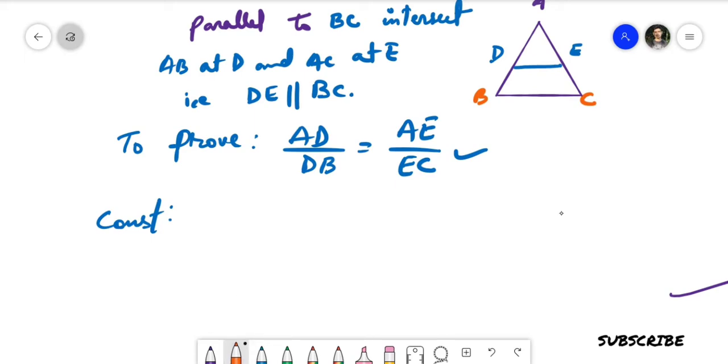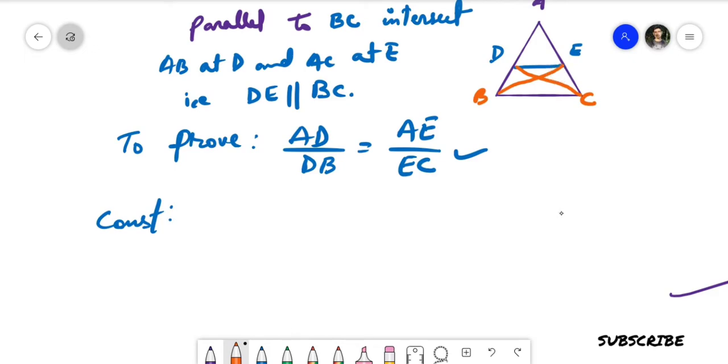Construction, we can say, by making this line we are separating it into two triangles. Can you see one triangle and another triangle, okay? And we can draw this one also. So we can see one triangle and one triangle for this. I'm not talking about this line, okay? I'm talking about this triangle. Can you see this one? This triangle and this triangle.